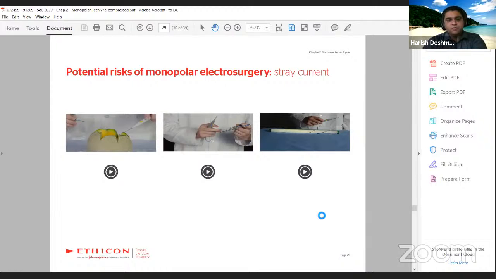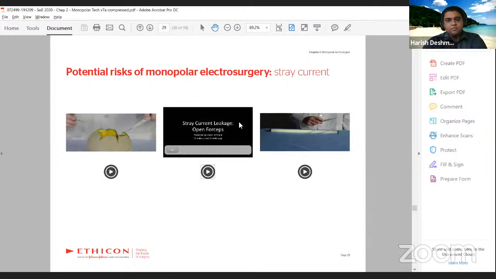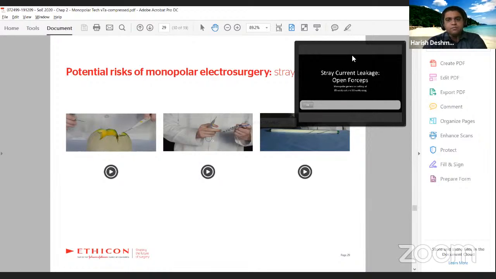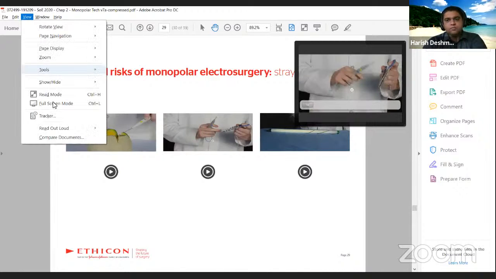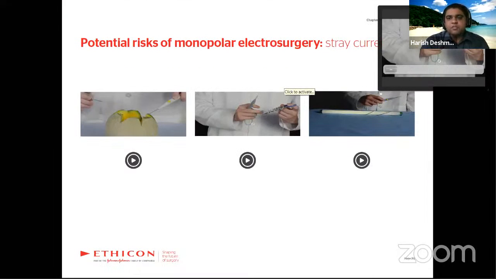This is one important video. Basically, I'll just show this one. This is called indirect coupling. By mistake or during the procedure, the monopolar pencils generally have a big length, so we generally keep it rolled over some tissue or some arteries or forceps somewhere.